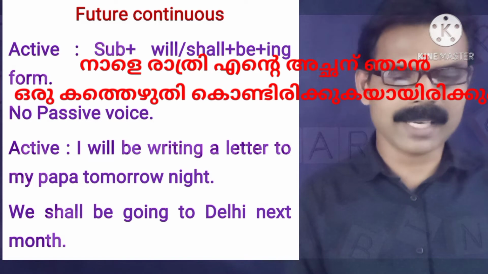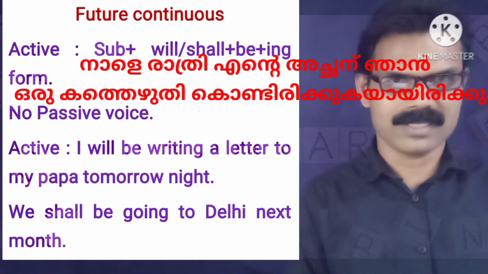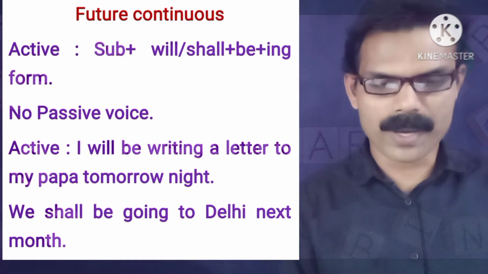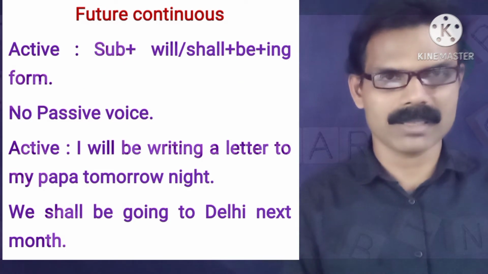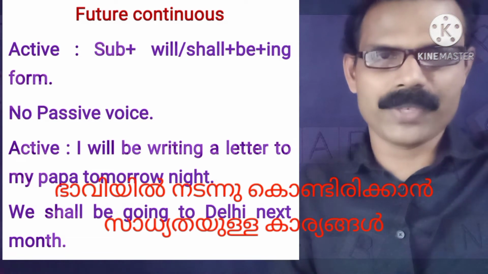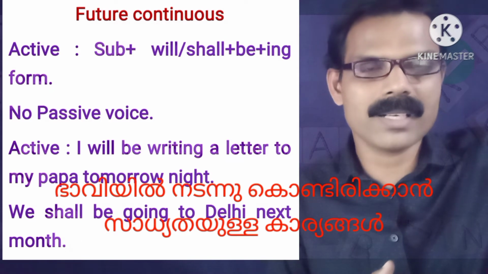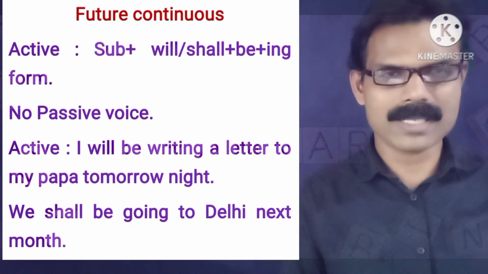I will be writing a letter to my papa tomorrow night. We shall be going to Delhi next month. This tells you the action that will be going on in future. That will be continuous in future. Right? That's why this is termed as future continuous tense.